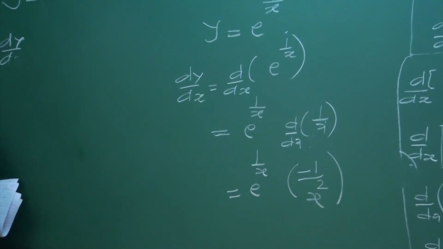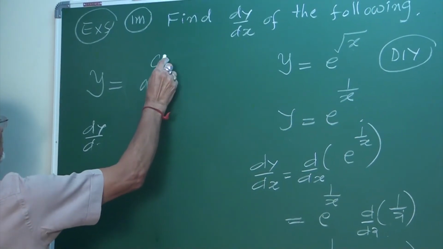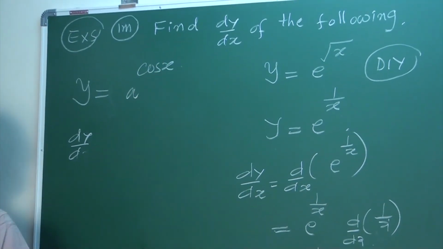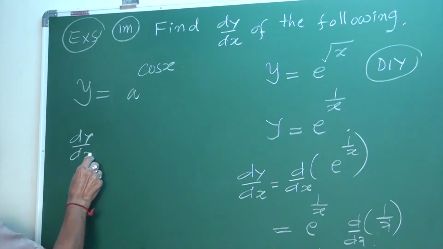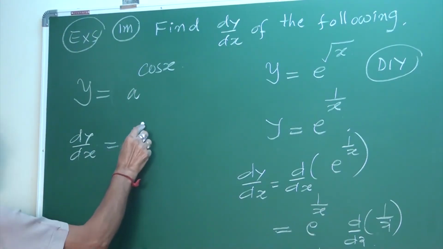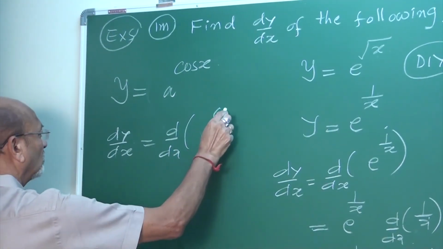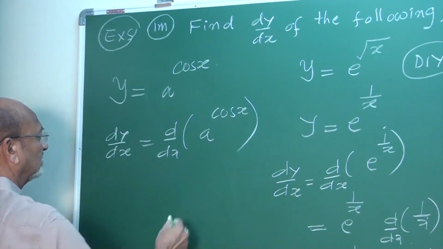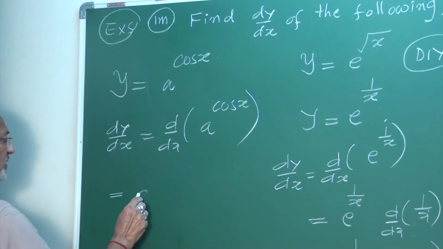Next, y equal to a to the power cos x. e to the power cos x when the base is other than e. dy by dx, it is d by dx of a to the power cos x. Yes. Tell.